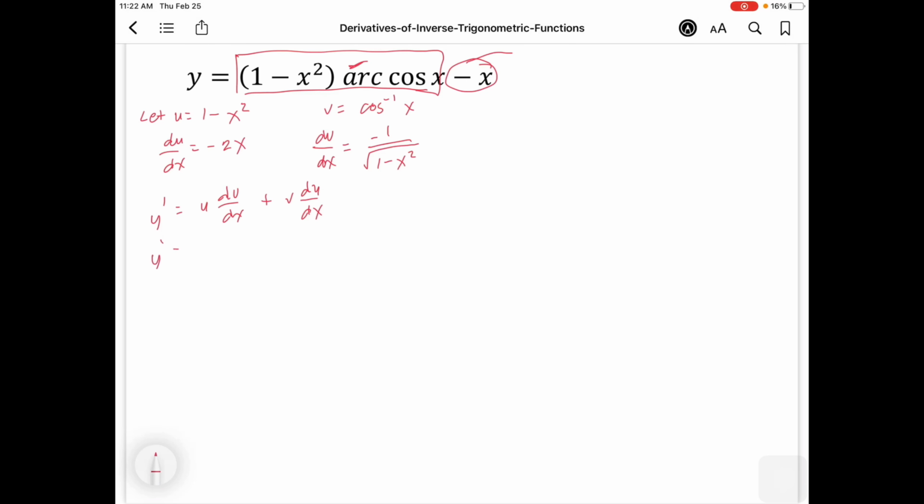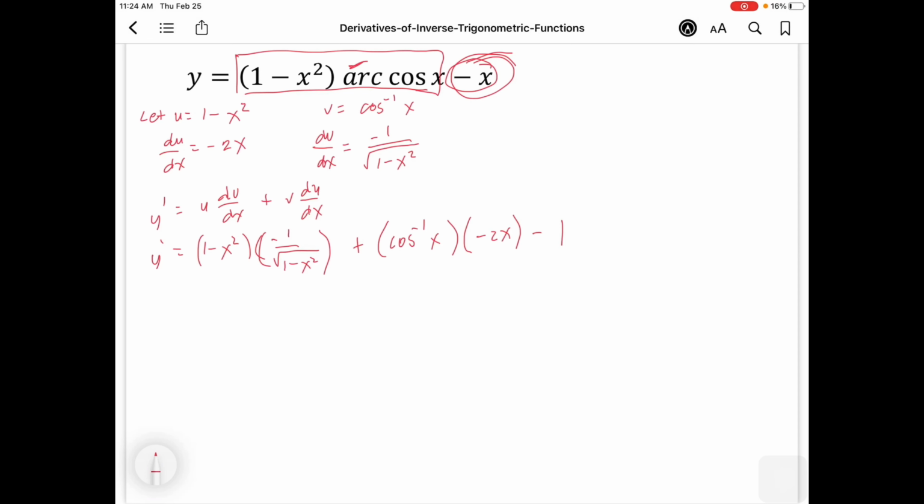Then y prime is equal to, yung u natin is 1 minus x squared times dv. Ang dv natin is negative 1 over the square root of 1 minus x squared. Ayan. Plus, this is cosine negative 1 x times negative 2x. Then, derivative nitong negative 1, negative x is negative 1.